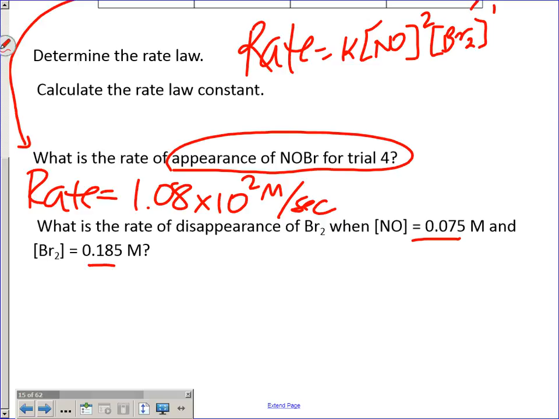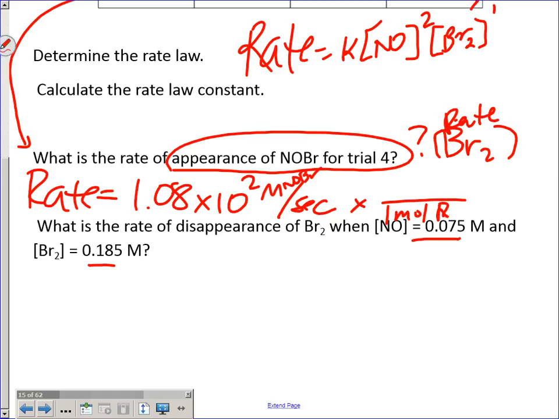If this were saying the rate of appearance of NOBr is blank, what's the rate of disappearance of Br2? What you could then do is say, I make, this is NOBr by the way, I make 1 mole of NOBr for every 2 moles of Br2 that I consume or react. So the rate of disappearance would be double that.